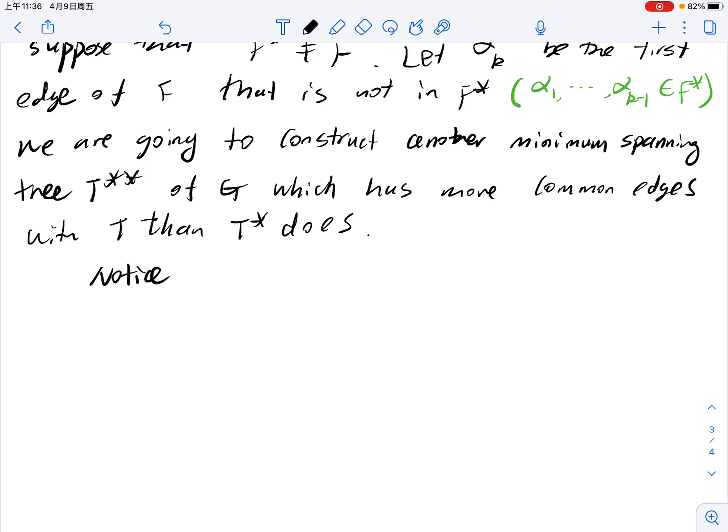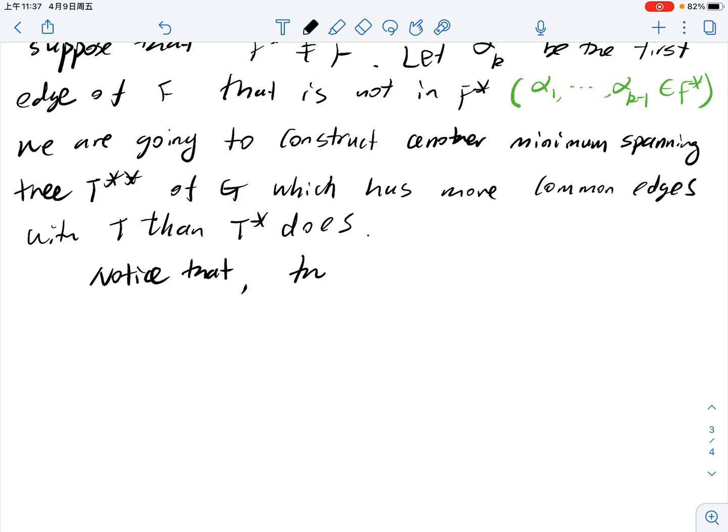The technical tool we are going to use is always a lemma we proved several lectures ago: for each edge you can add, there is a counter edge, such that by deleting one and adding the other, you also have a spanning tree. We used that a lot in all the previous proofs for the tree growing algorithms.